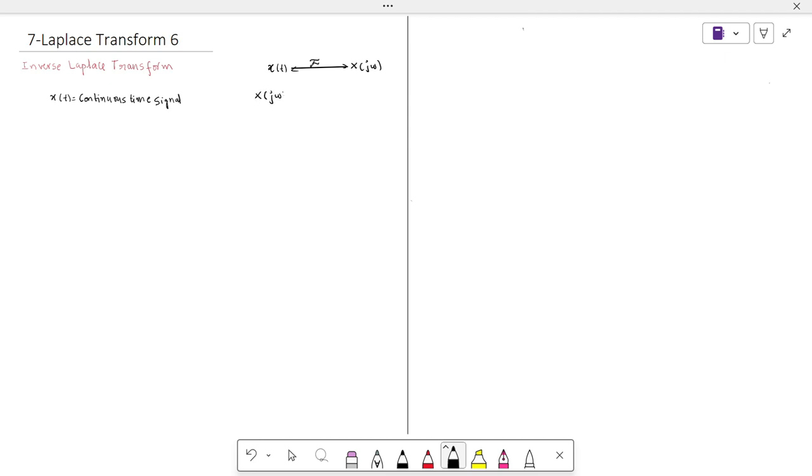So x of j omega equals the integral from minus infinity to plus infinity of x of t into e power minus j omega t into dt. This is the formula for the continuous time Fourier transform.